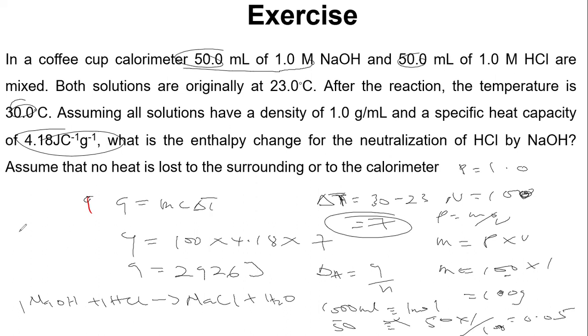So if I want to finalize my calculation, the enthalpy change will be 2926 divided by 0.05 mole. So that will give me the enthalpy change of 58,520 joules per mole.